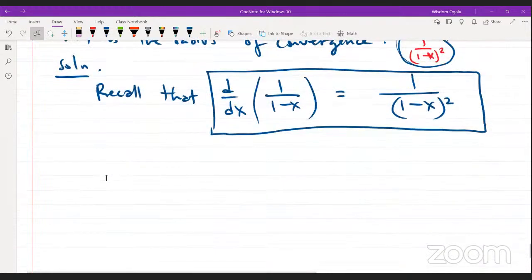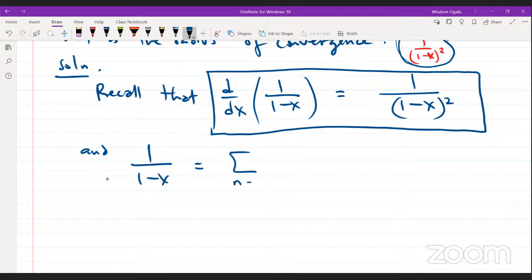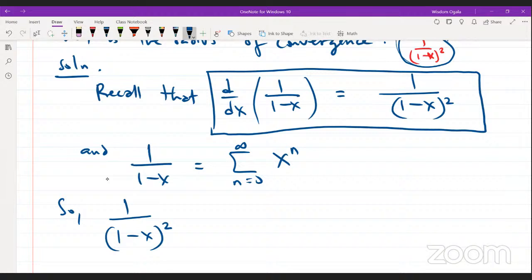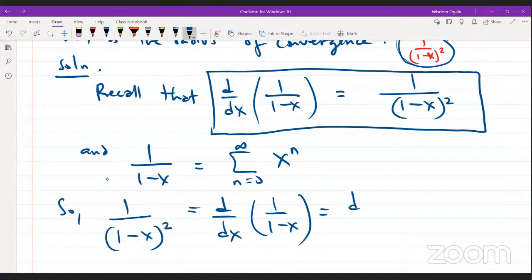Okay, so let's move on. 1 over 1 minus x is this guy. 1 over 1 minus x all squared, remember, is when you differentiate this guy, d dx.